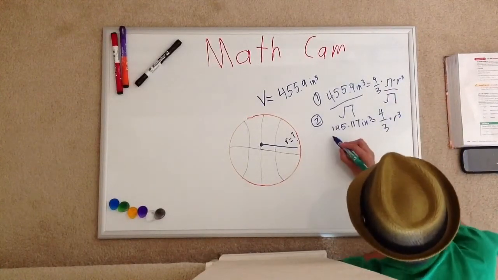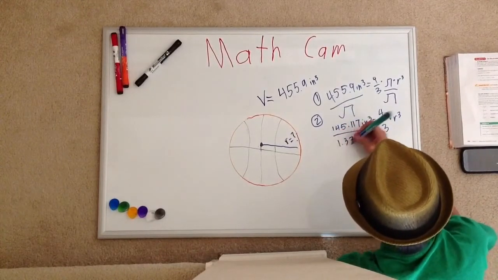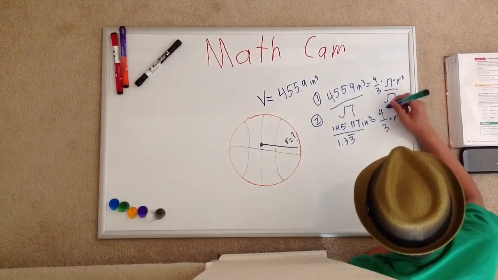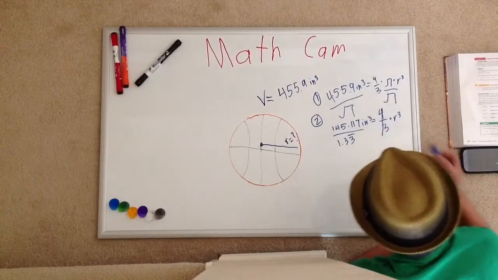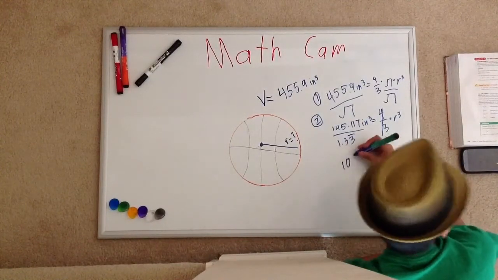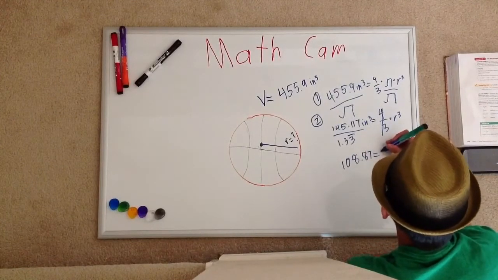Then I'm going to divide by 1.33 repeating, because who doesn't like dividing by a decimal, so that would cross that out, and we would get 108.87 is equal to r cubed.